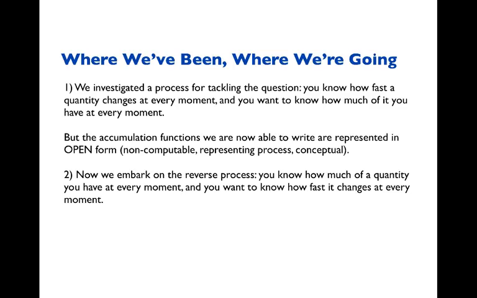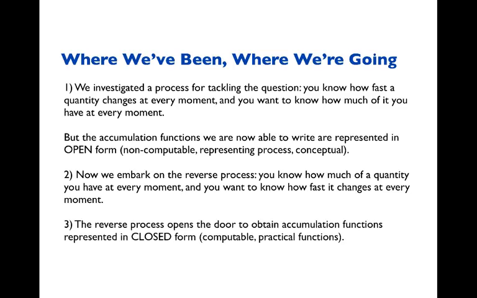And so now, this reverse process will achieve 2 things for us. The first thing it will achieve is just what it says. If you knew how much of a quantity you had at every moment, by the end of this reverse process, we'll be able to come up with how fast it's changing at every moment. So just at face value, we can do that. But this will also achieve a secondary goal.